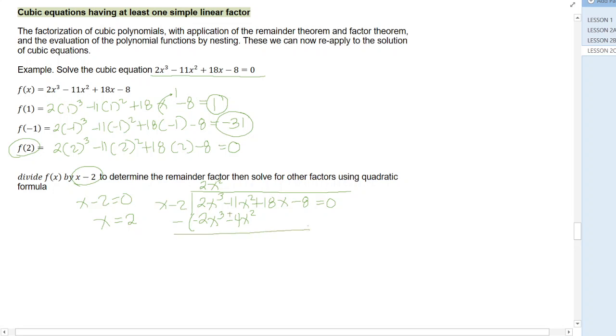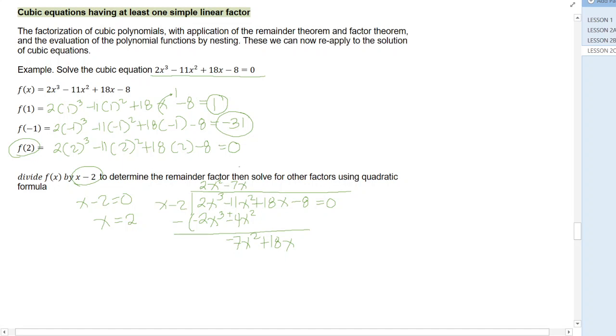Okay, so 11 minus 4, that is 7. That is negative 7x squared. Okay, bring down that one, that is positive 18x. Okay, to be able to cancel your negative 7x squared, we multiply by negative 7x.